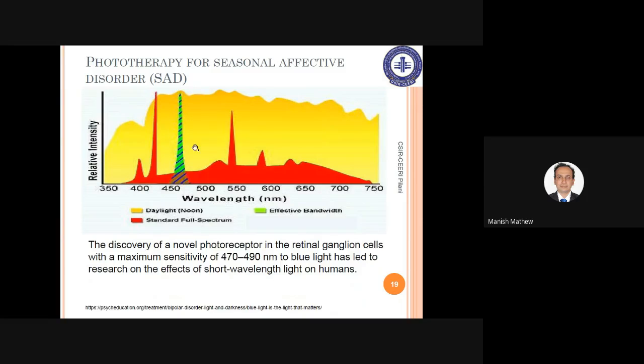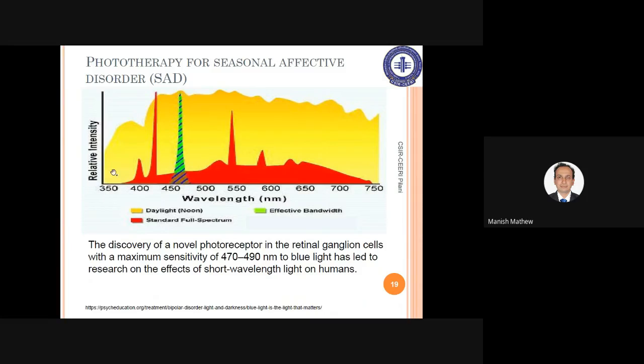So, if you look at this yellow graph, this is daylight, and this daylight covers the whole spectrum. So if you look here, this is covering the whole spectrum of light, the whole visible region from 350 nanometers to around 750, and it goes further.